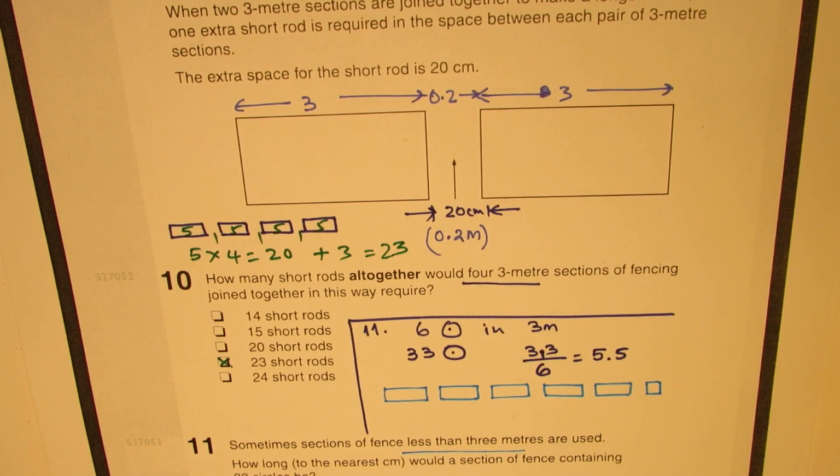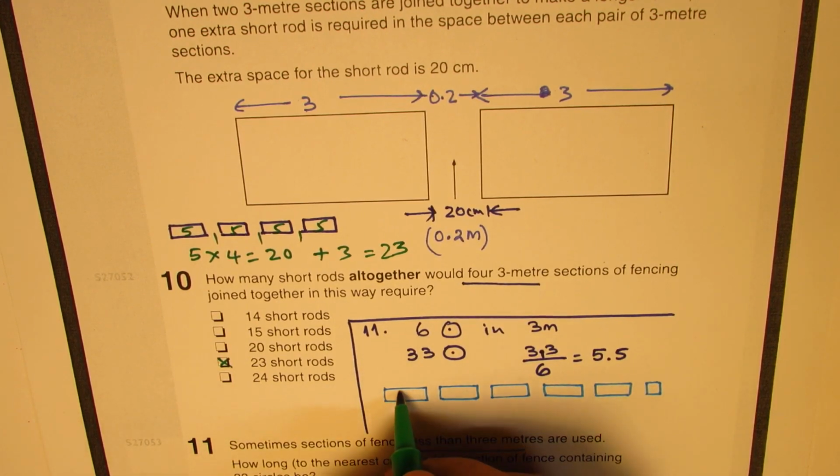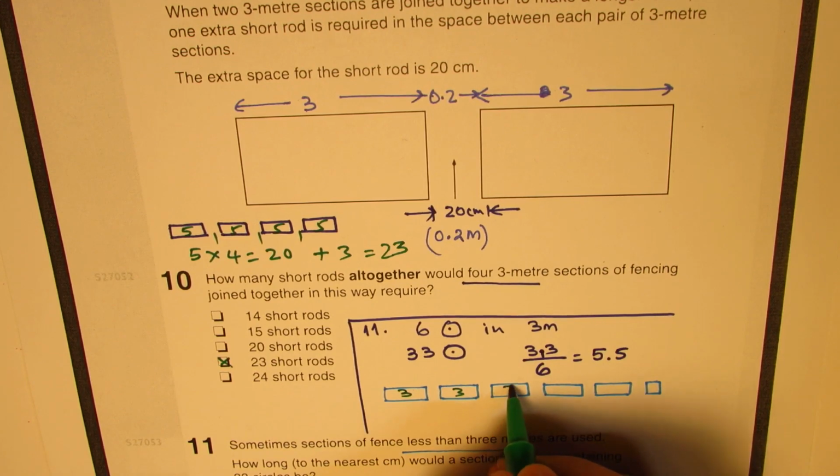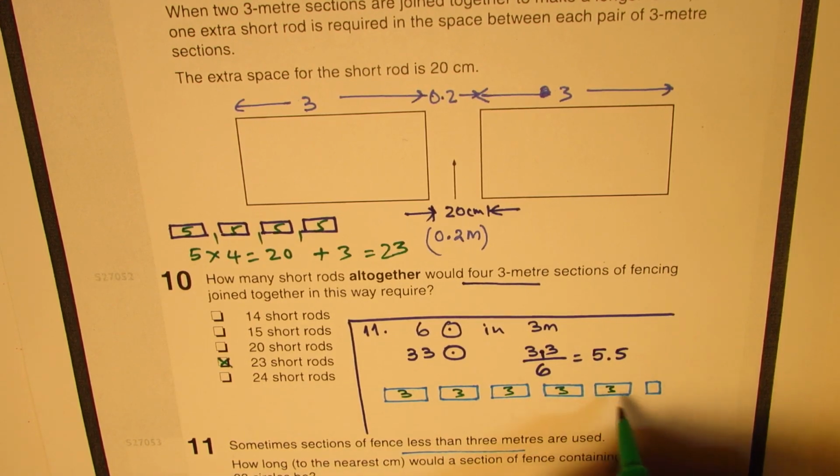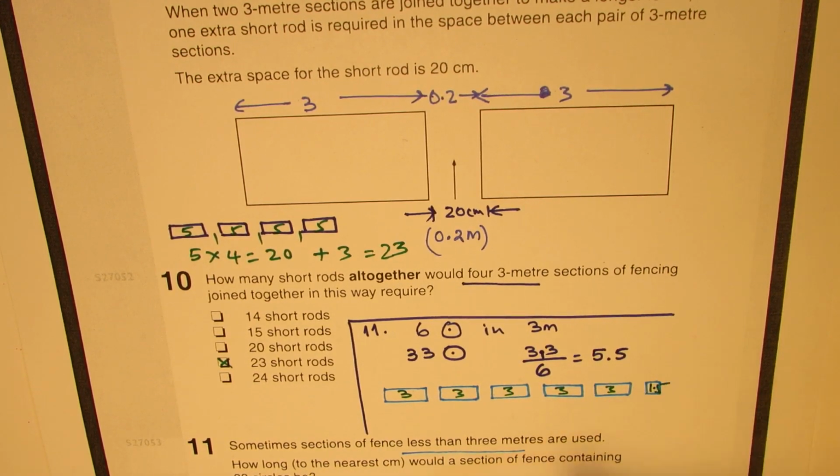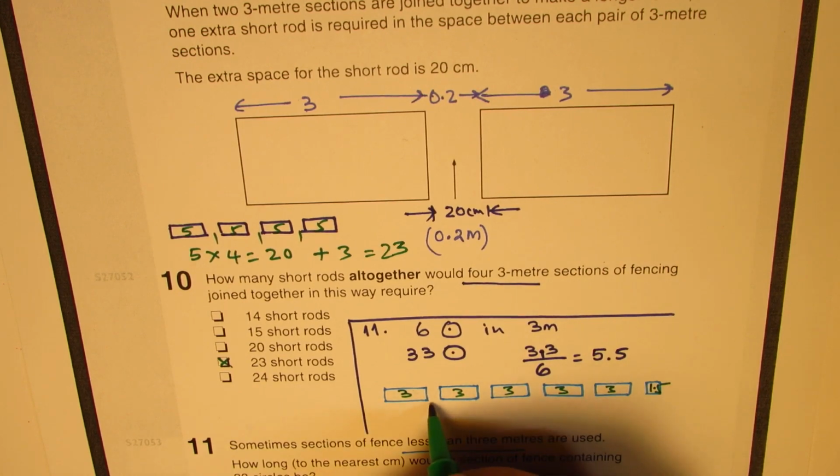Okay. So that means 3 meters. Let's add this now. So we have 3 meters, 3 meters, 3 meters, 3 meters, 3 meters, and that is half, 1.5, correct? And these points are 0.2 each.